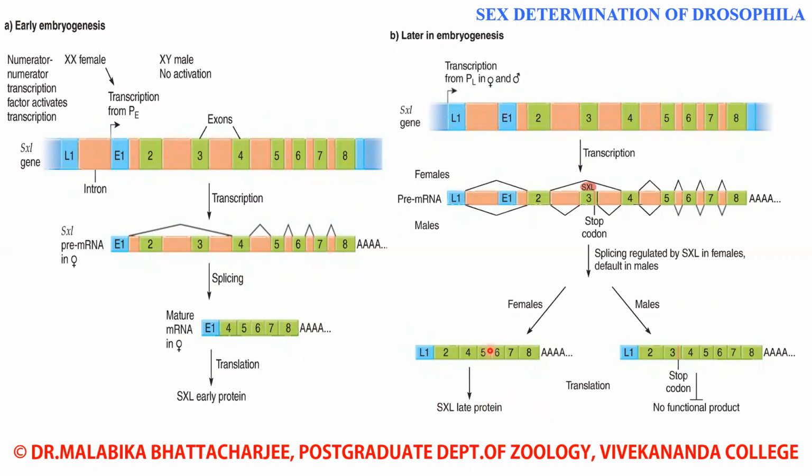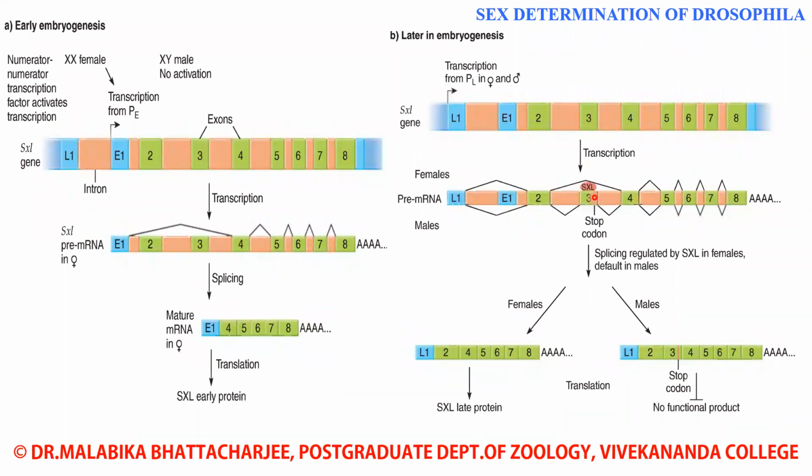But in case of males, where there is no SXL early protein, what happens? There is no regulation maintained. The splicing mechanism is not much regulated, and this whole pre-mRNA is spliced to give us the mature mRNA containing all the exons. So it includes all the exons, in fact L1 and exon 3 also.